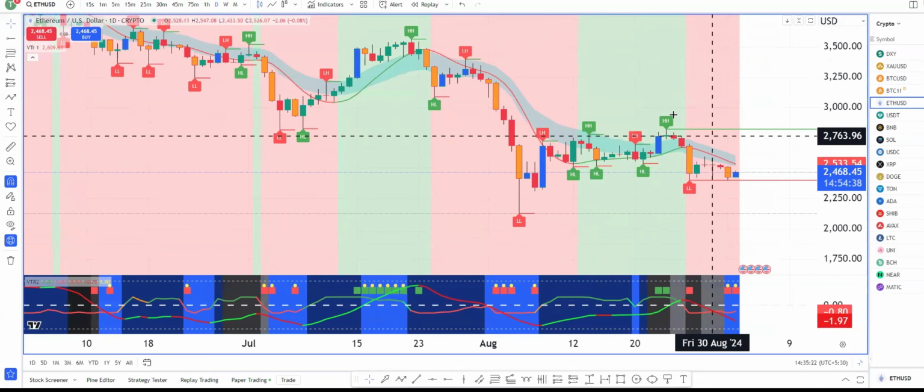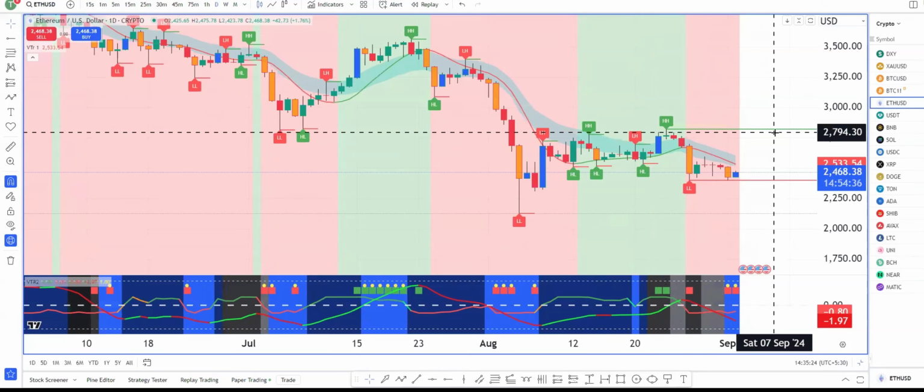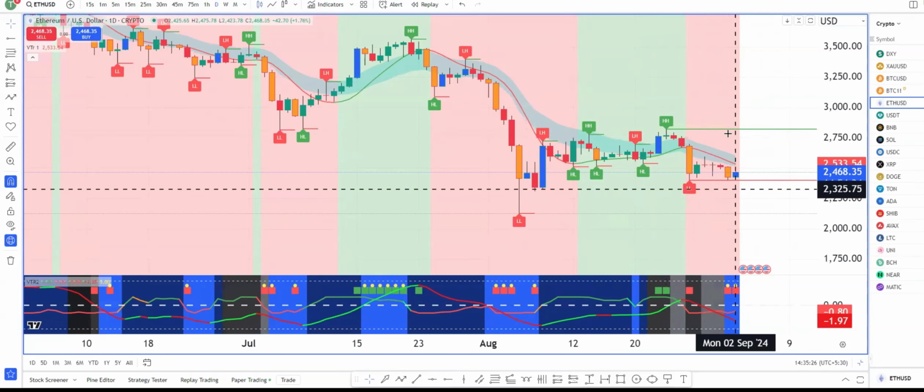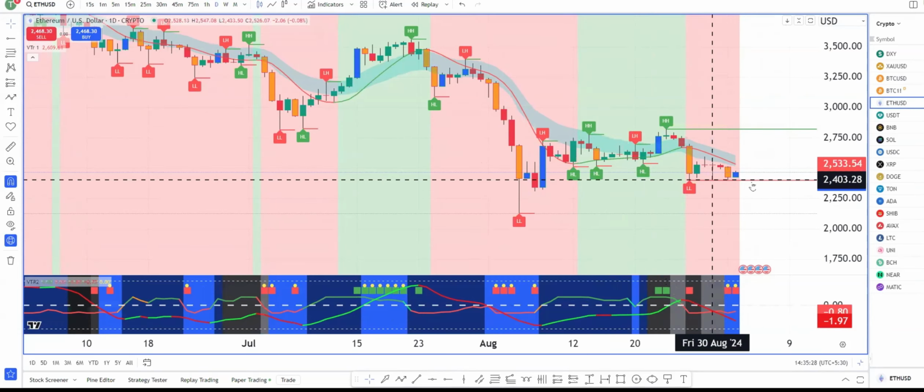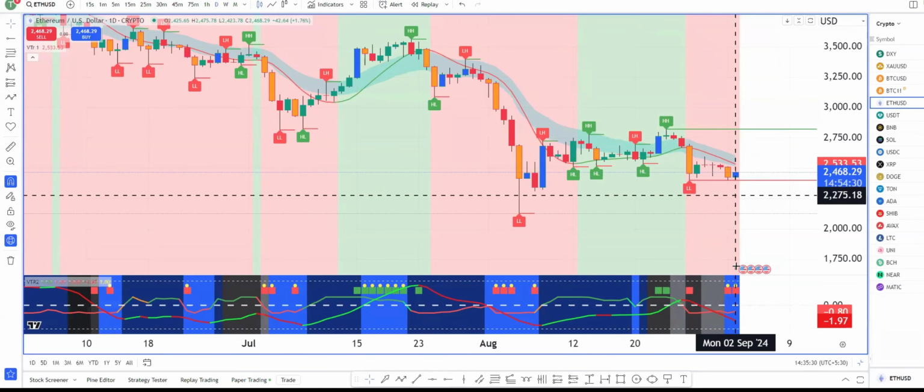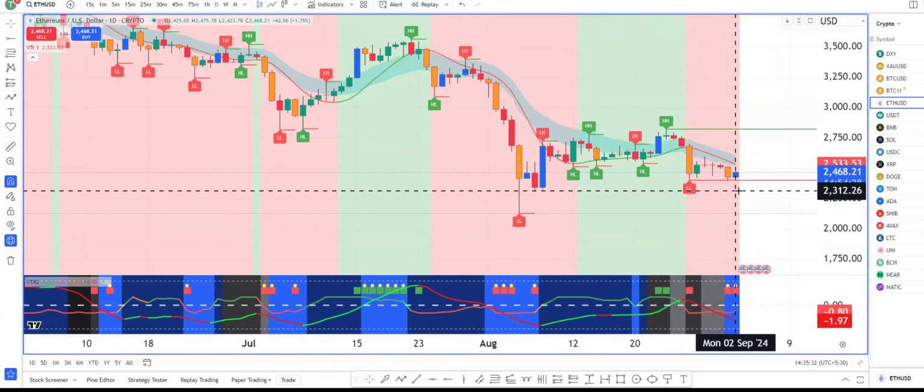Now, as of now, the high level and the low level are marked here. If the low level breaks with a yellow candle, that means you're in for a shorting, a selling of Ethereum USD.